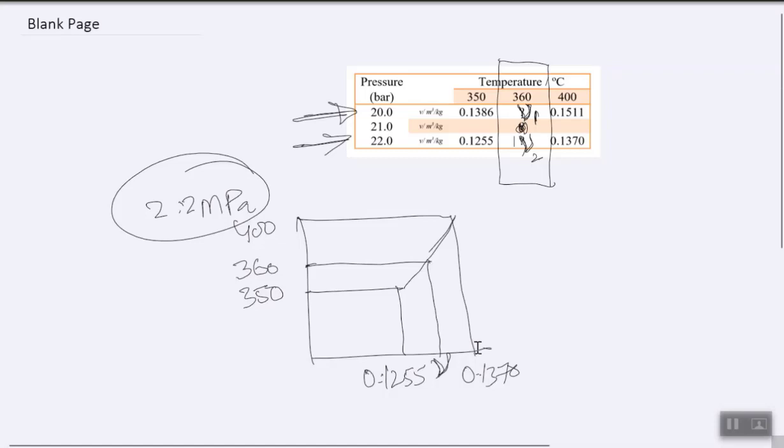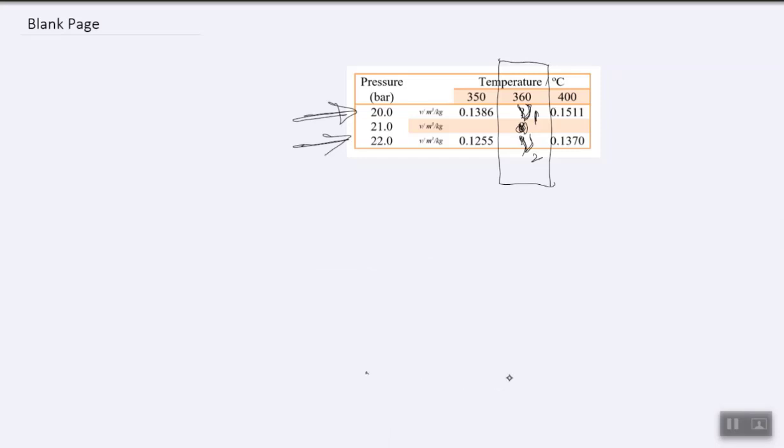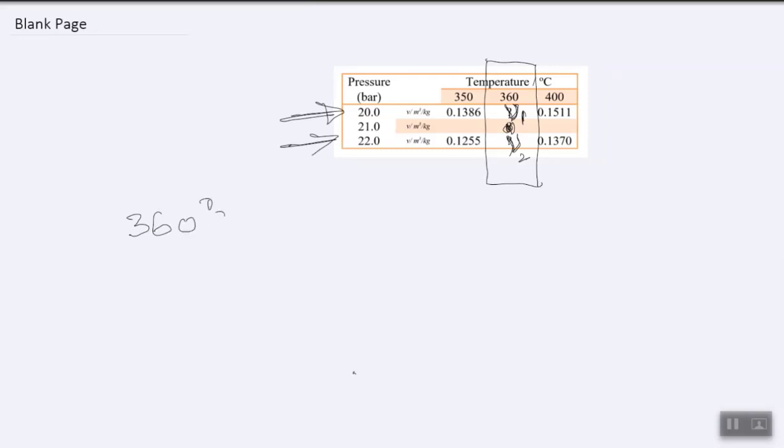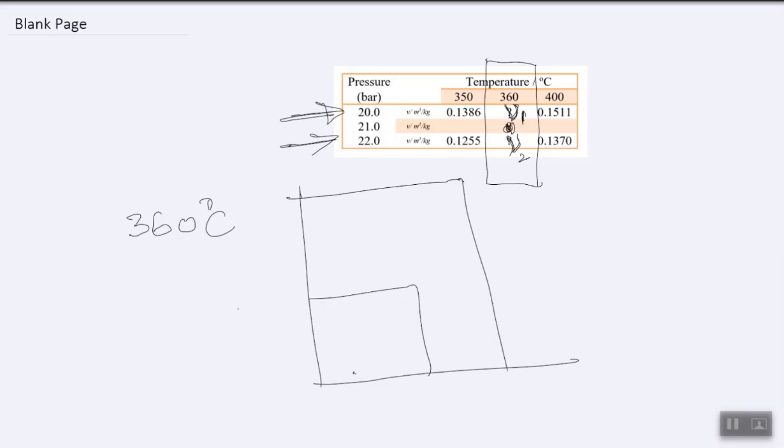What my calculation would look like is, at 360 degrees centigrade, the volume at 2.0 megapascal is given, which is V1, if you remember.